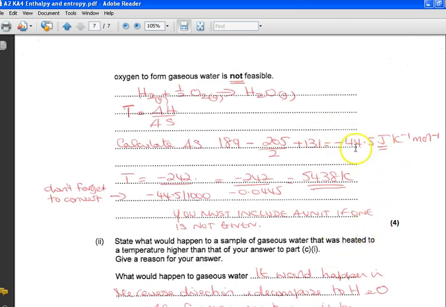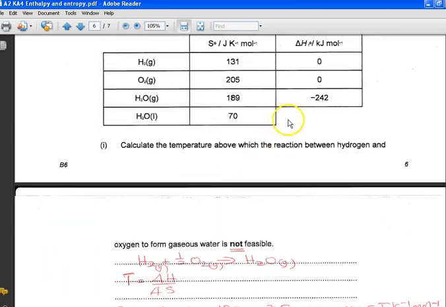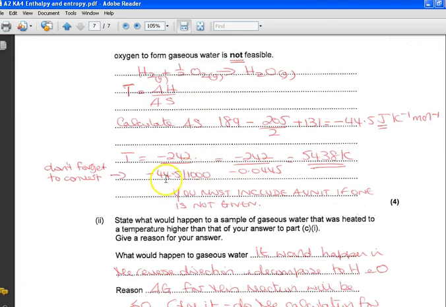Don't forget you're going to need to convert that, when we're looking for the temperature, because our delta H is in kilojoules per mole. So we just take that directly from the table, minus 242. Divide it by the value you've just calculated, remembering to convert it to kilojoules, and the temperature comes out at 5,438 K. You have to put the unit in.